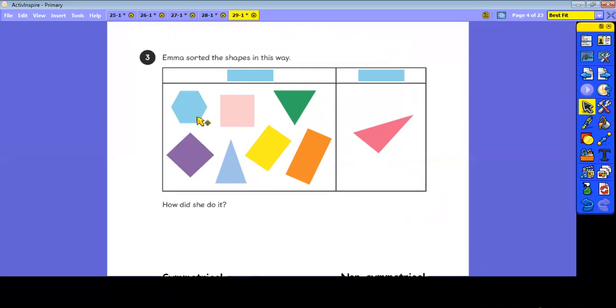So what can you see, children, about these shapes which are different to this shape? I can hear you. Yes, these shapes are all symmetrical. They all have at least one line of symmetry, but this shape is not symmetrical. You could not fold that shape exactly in half, but these shapes you can.